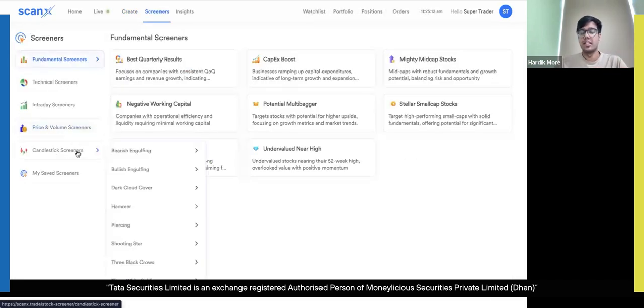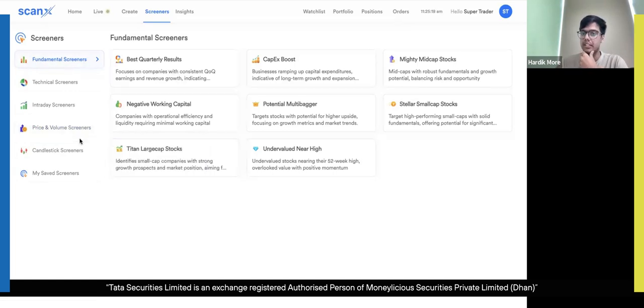Coming back to it, the third one is fundamental screeners. So fundamental screeners, again, people who invest for a very long term, they get a good sense of what they want to do. So someone who's looking for a quarter or 2 quarter trade, they look for best quarterly results.